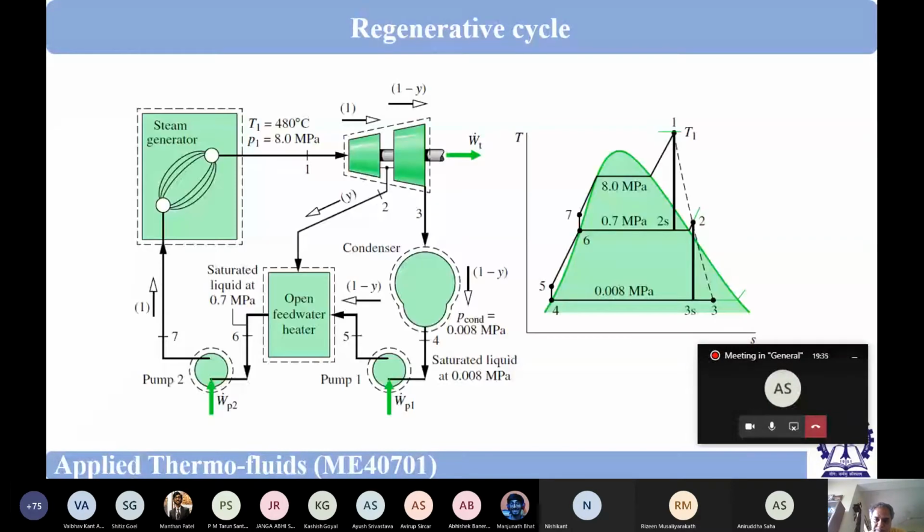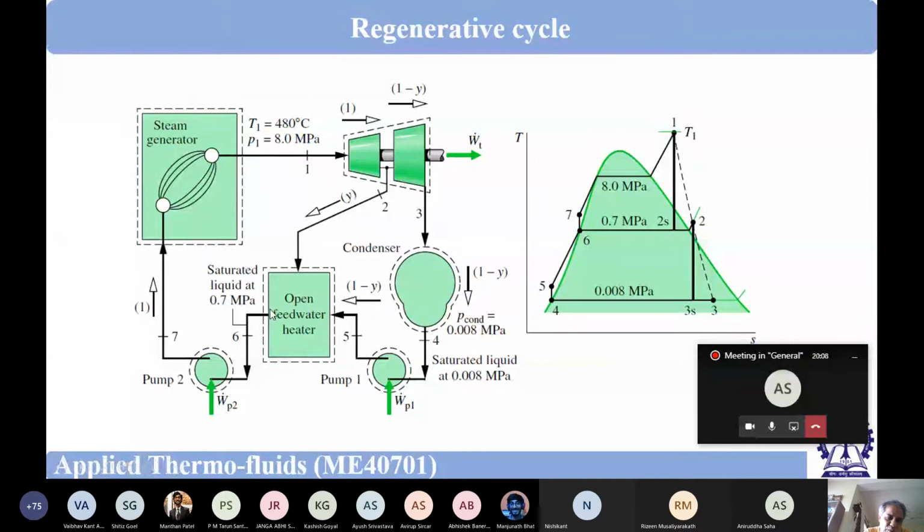One thing you have to be a little bit careful about. This is your open feed water heater. Here steam comes in at 0.7 megapascal. It mixes with water and then goes out in saturated condition. Steam has condensed and water temperature has increased.